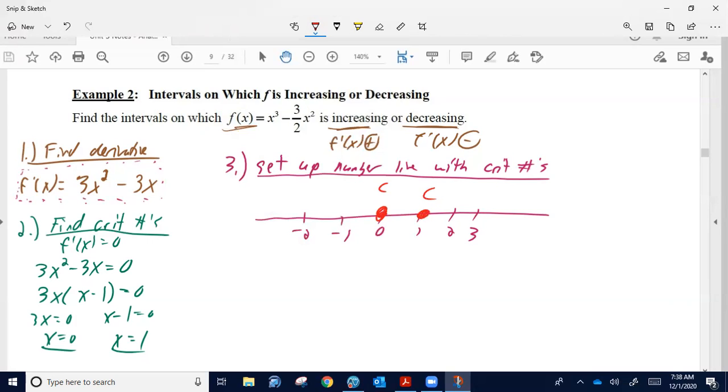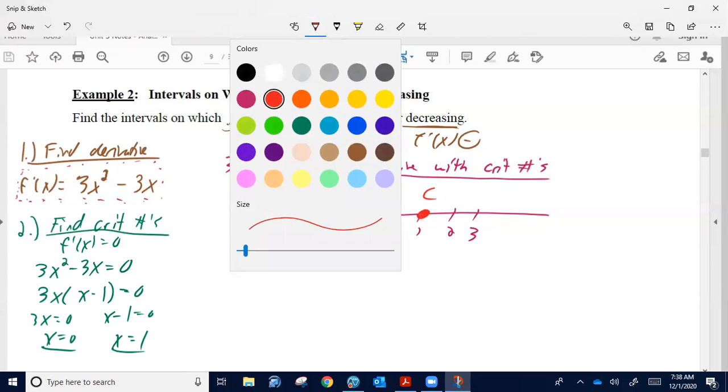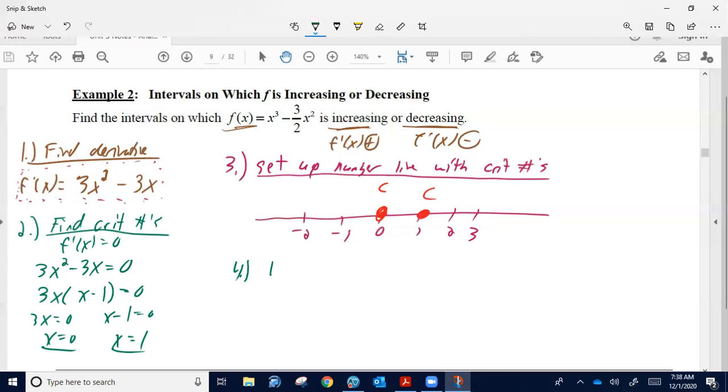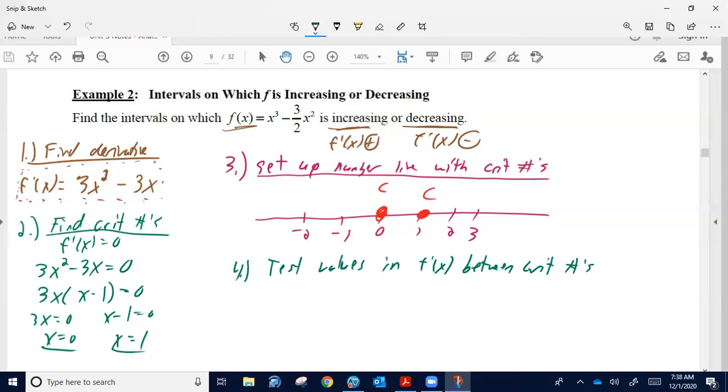Again, those are important. Those are critical numbers. Test values between critical numbers. That's kind of the fourth thing we want to do. Test values in f prime between the critical numbers.